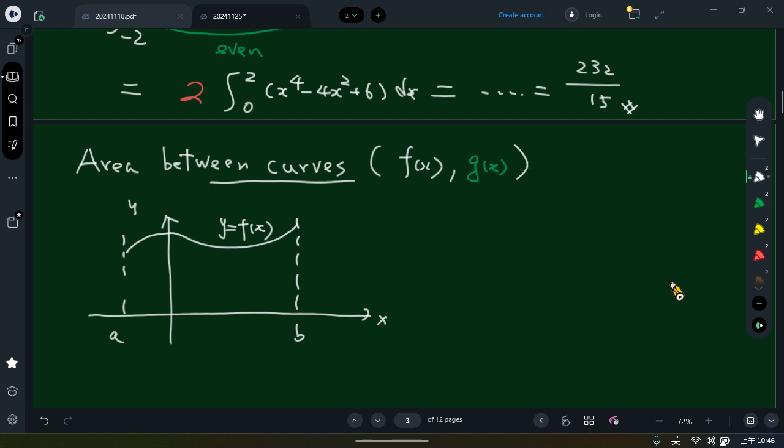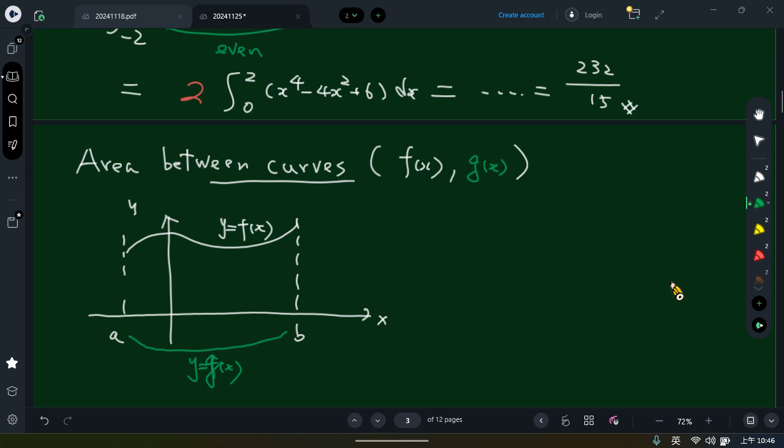If right now we want to calculate the area between two curves, for example, this one and also the second one, which is g of x.